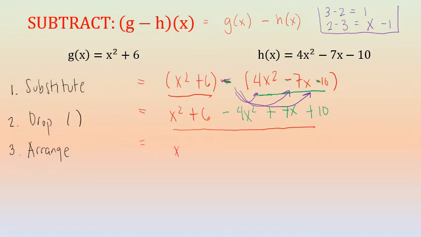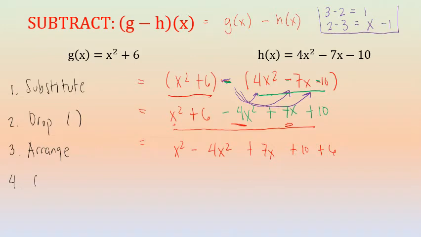So we have x squared, minus 4x squared, followed by 7x, plus 10, and plus 6. Okay? So, may nakalimutan ba tayo, class? Wala naman.